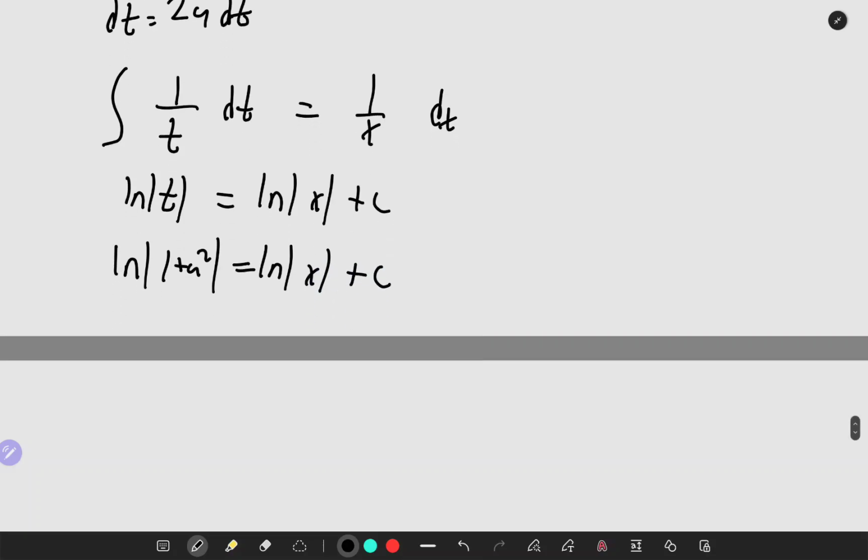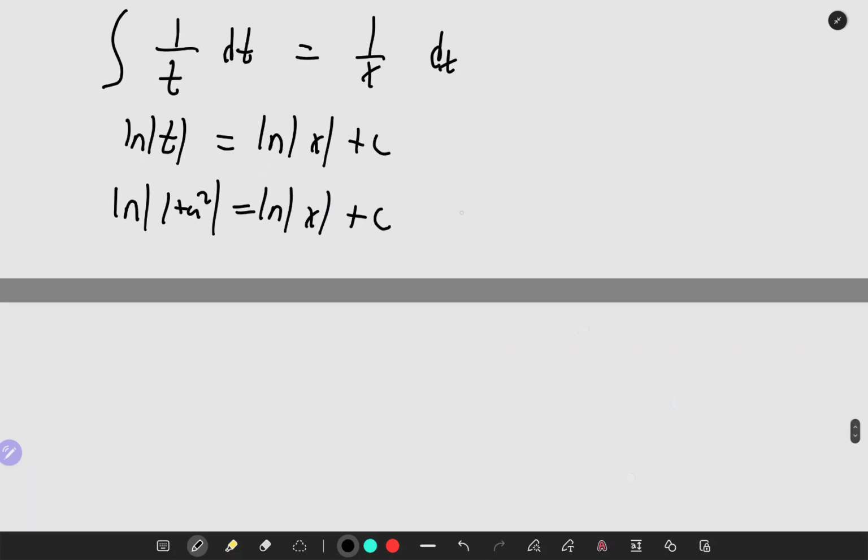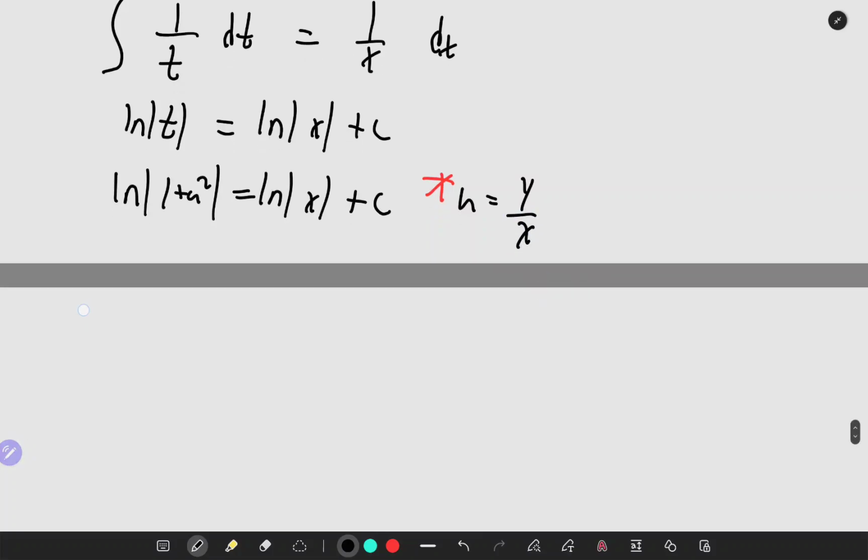So now we're here. From before, we know that u is equal to y over x, right? So now we have the natural log of 1 plus y over x, this will become y squared over x squared, because it's the whole thing squared, is equal to natural log of x plus c.